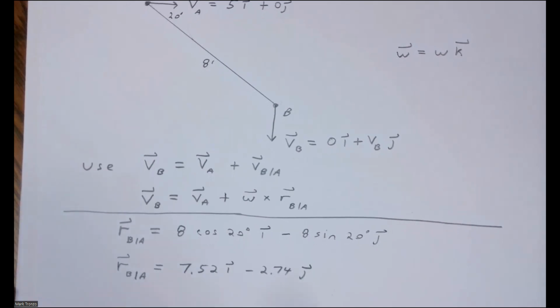Now we're going to need omega cross RBA.